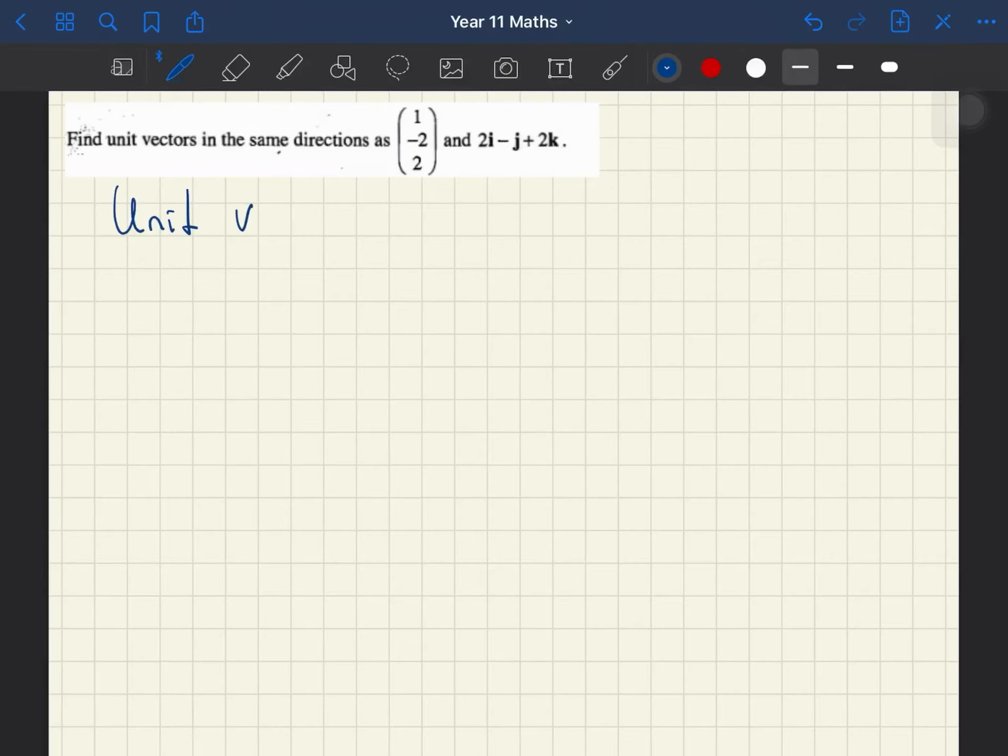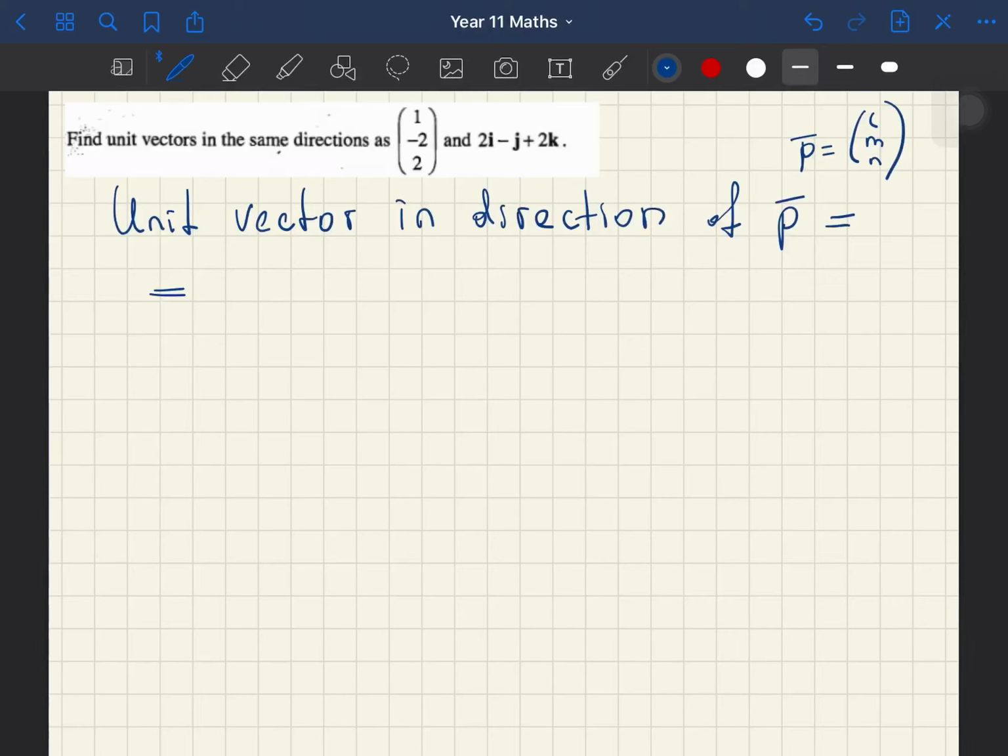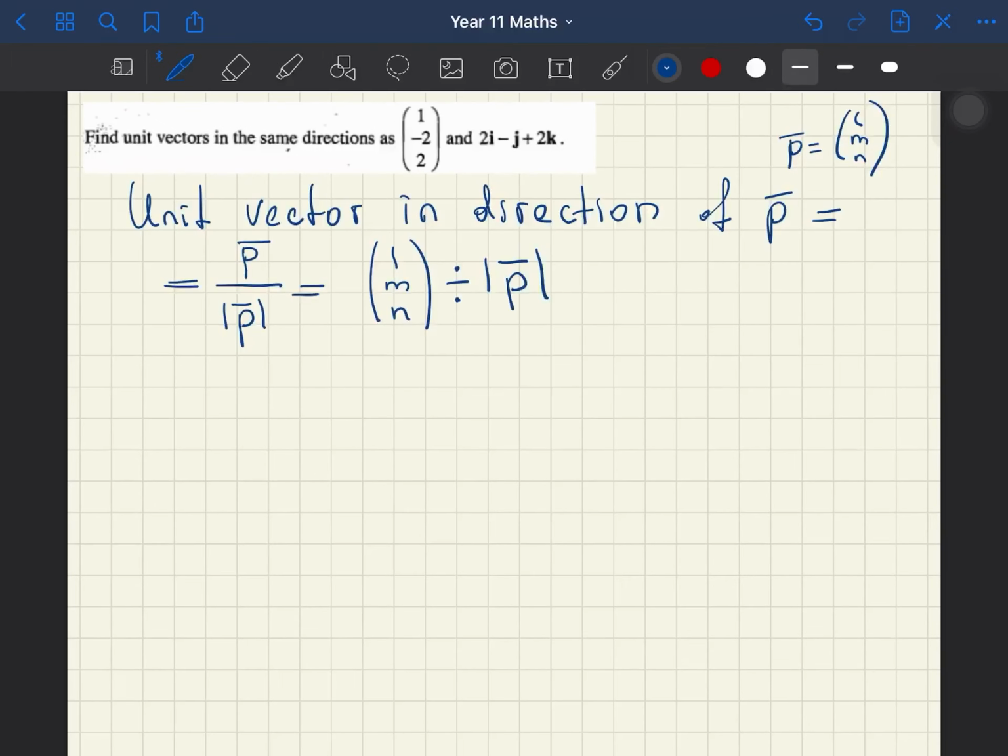The unit vector in the direction of P, let's say we have a vector P equal to LMN. The unit vector in the direction of P is equal to P as a vector divided by the magnitude of P. So every part of vector P, every part LMN, has to be divided by the magnitude of P, like this. This is our formula.